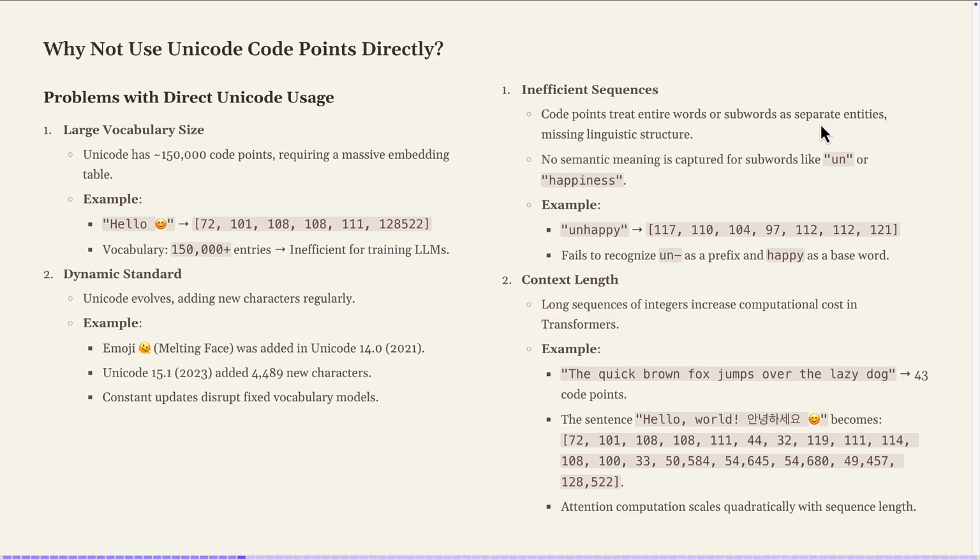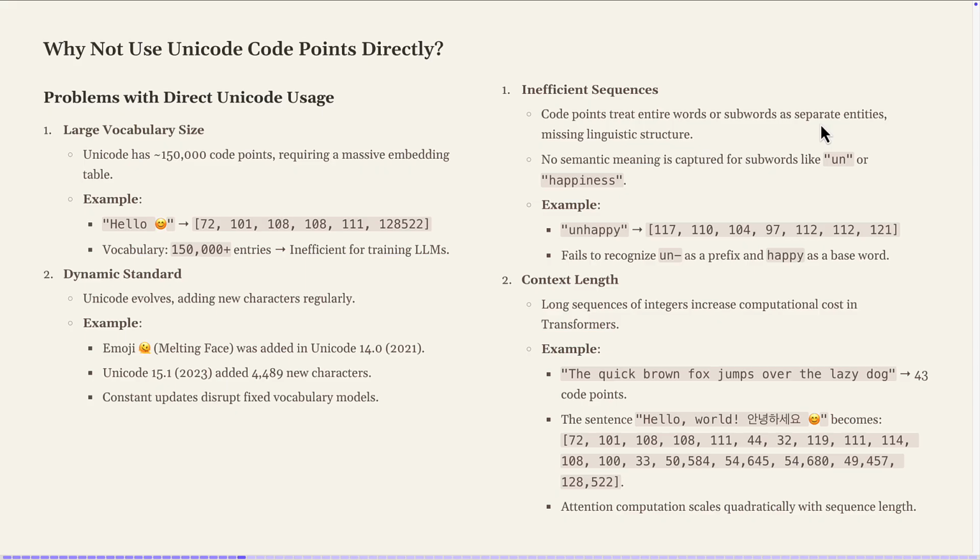It can change every time. So the emoji was added in 2021, and before it was not there. So if you want to use it as a tokenizer, we cannot represent these Unicodes in LLMs. And maybe there are other characters that are still not represented. So this will be a limitation to using it as a tokenizer.